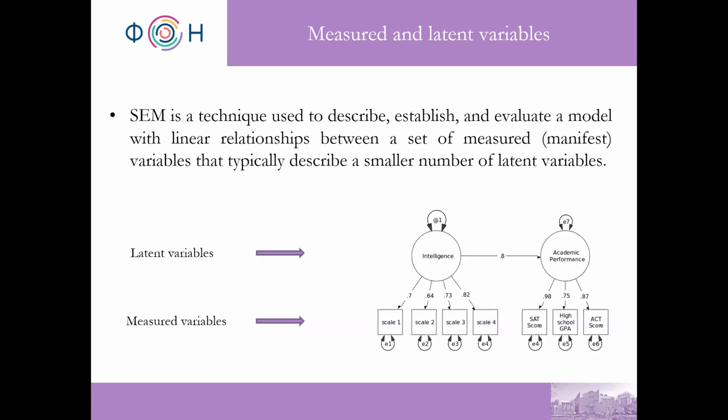What you can also see on this graph is something which is presented depending on the SEM software you are using. These errors 1, 2, 3, 4, and all the way up to 7 are, easily said, some measurement errors. We are going to see a little bit later. These measurement errors can be later used to enhance the model itself.